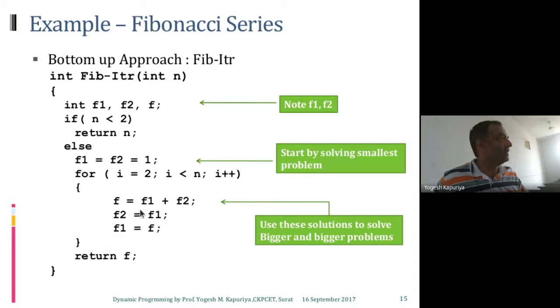But ultimately the point is, in order to solve the next instance, you need to preserve the solution of the previous instances. So we are preserving that so that next time whenever we need to compute f, we have the previous values available in f1 and f2. So that is what it means.